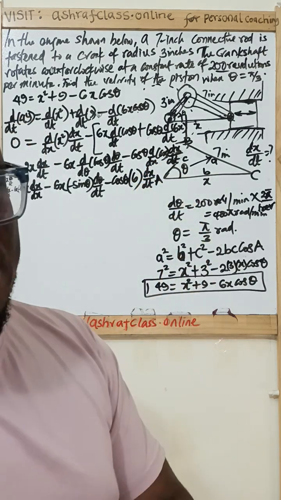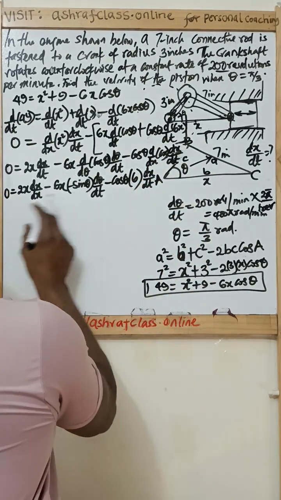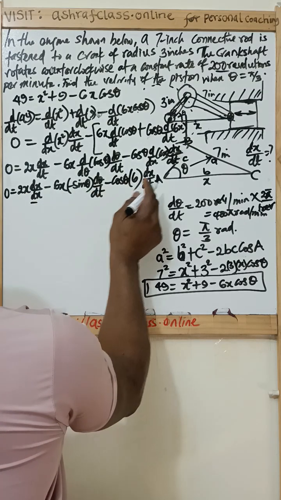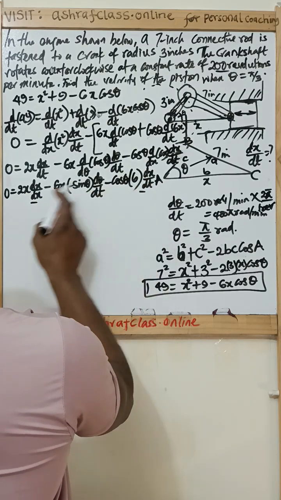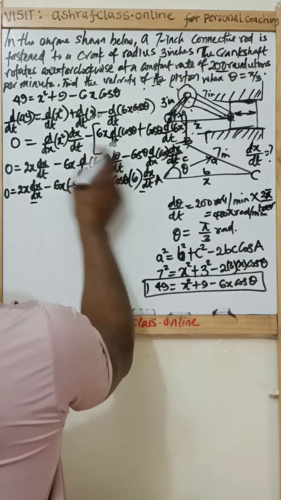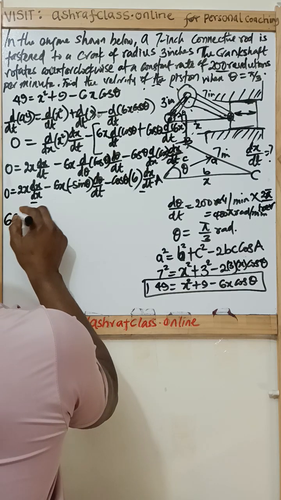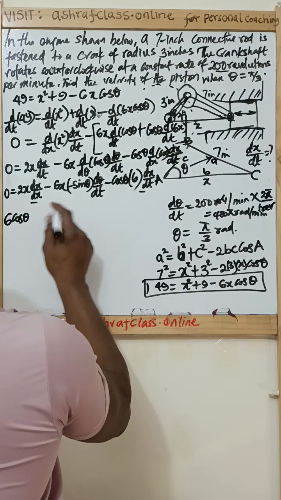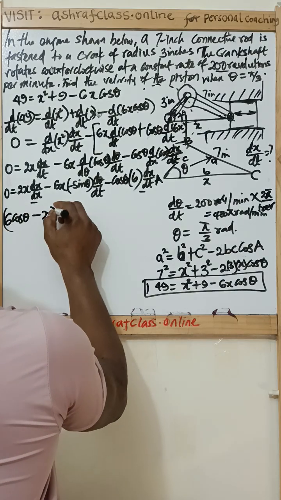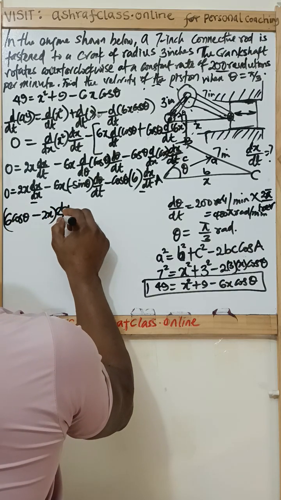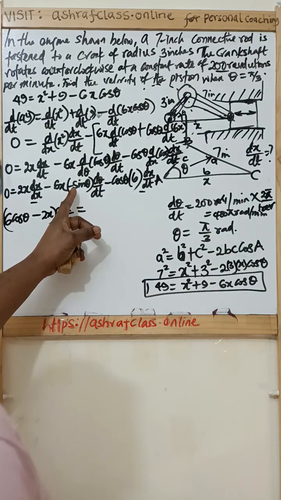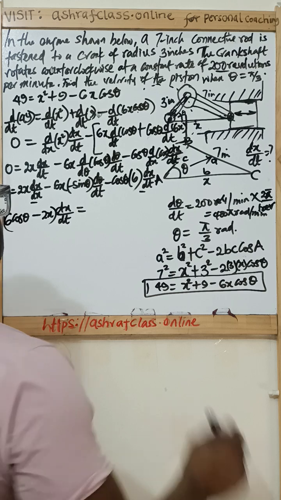Okay? Now, if we bring the terms having dx dt together, this one and this one, let's take them to the other side of the equation. If this one comes here, that will be what? 6 cos theta minus 2x, right? dx dt. What is now left here? We have minus times minus, that will be plus, right?